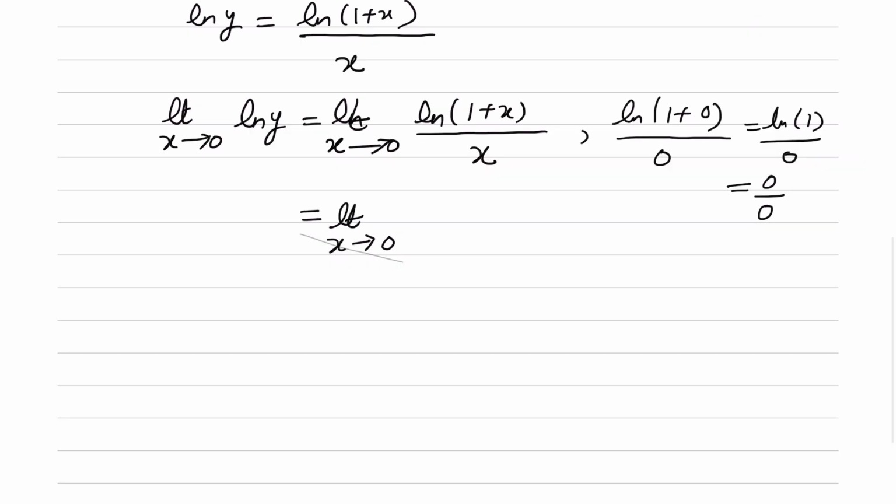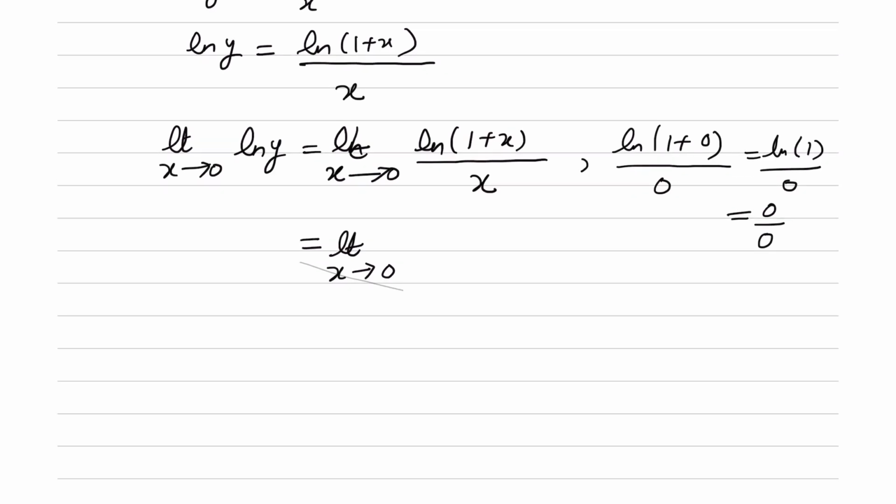We know that whenever we get 0 by 0 or infinity by infinity, we can apply the L'Hopital rule. The L'Hopital rule says take the derivative of the numerator. Since in the numerator we have ln of 1 plus x, its derivative is 1 over 1 plus x, and then the derivative of the inside term, 1 plus x, is 0 plus 1. In the denominator we have x, its derivative is 1.